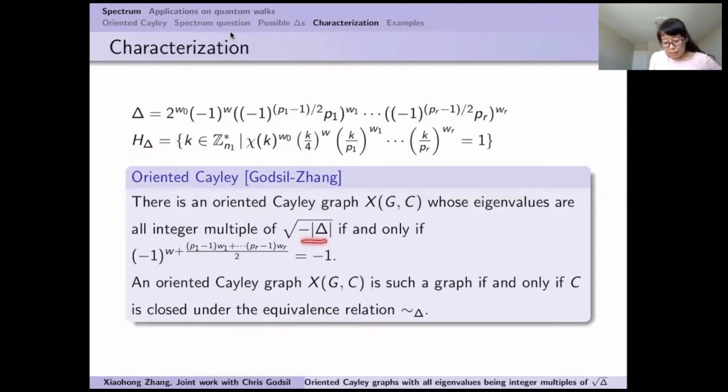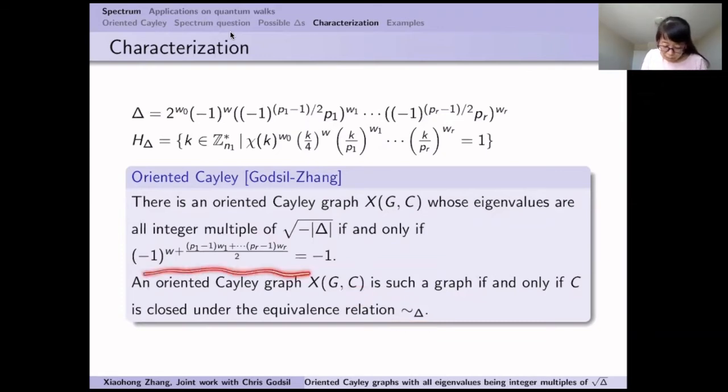This square root is achievable if and only if this is an odd number. This Wi just means whether Pi is a divisor of delta or not. Similarly, the oriented Cayley graph has the desired eigenvalue form if and only if the connection set C is a union of equivalence classes with this equivalence relation.